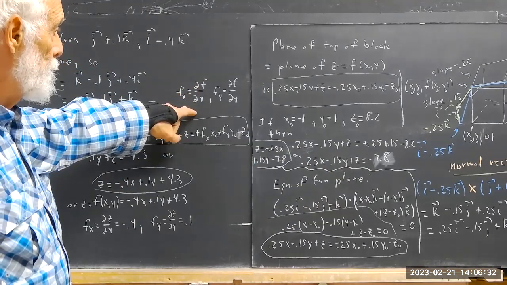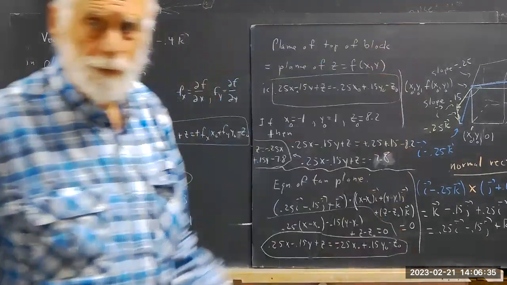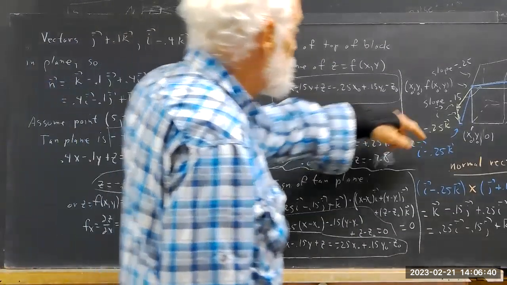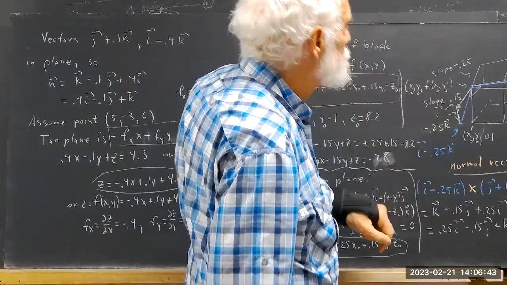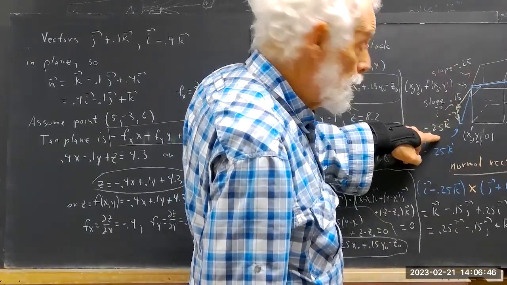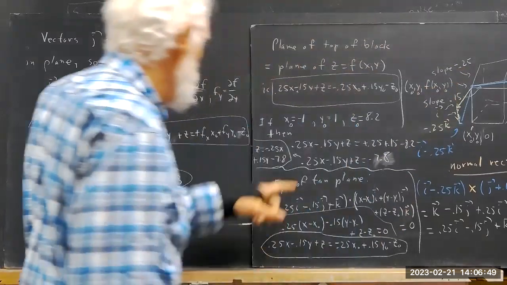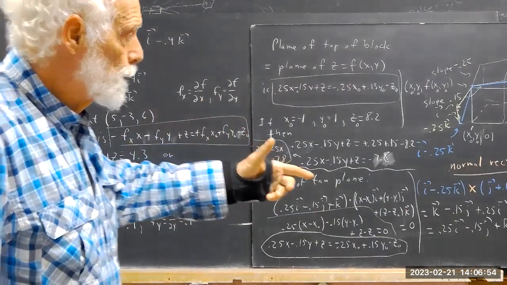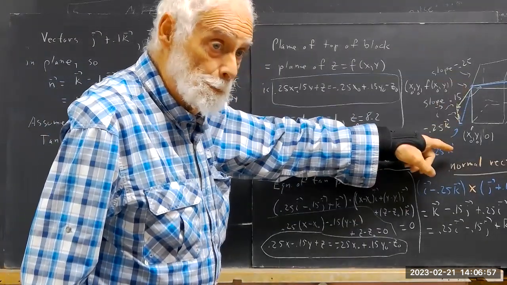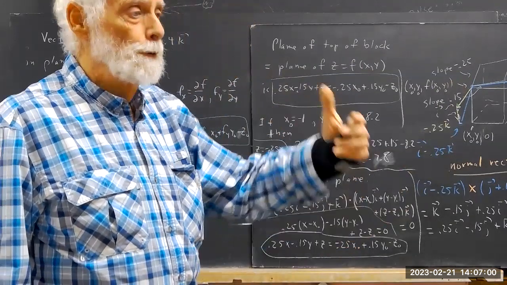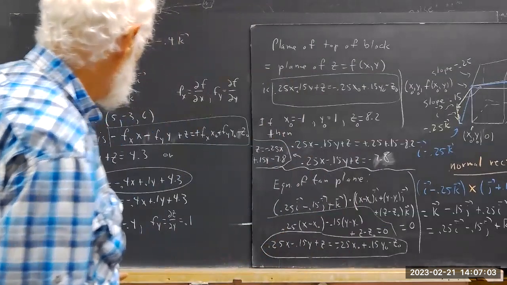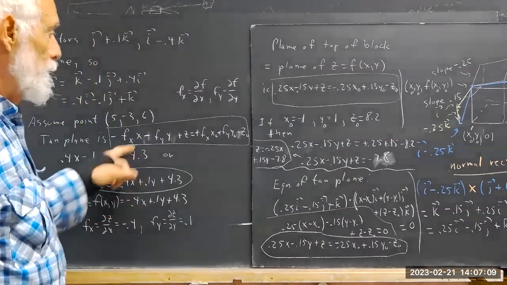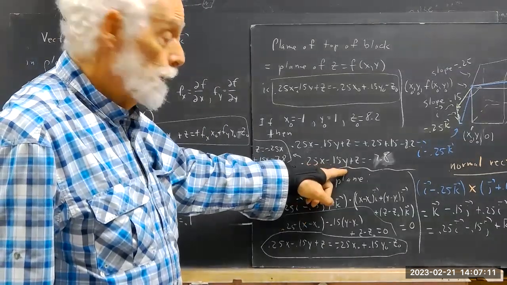And for this, let me take a look at the screen real quickly, make sure we can see it, as barely we can. Okay. And the slope in the x direction was negative 0.25, which gave us a negative 0.25 carry. So the 0.25x here corresponds to negative fx x. Negative 0.25 is the slope at this point, and that's the partial derivative of f with respect to x at that point. Okay. Then the fy in that case was 0.15, and a negative fy y would be a negative 0.15y.